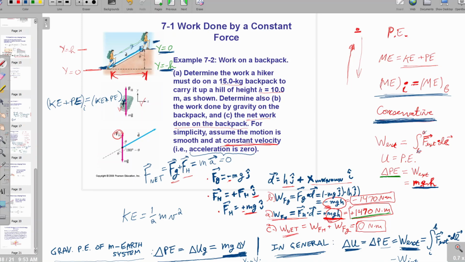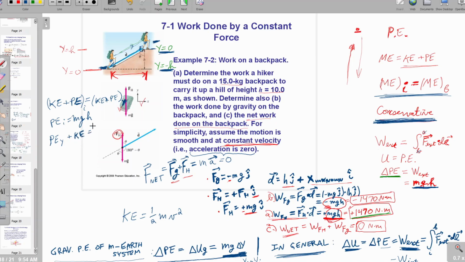And this would be really helpful if I was, say, interested in the speed that this object will have as it's falling down. How does it pick up speed? Well, in the initial location, it had a potential energy of mg times h, and at every location y along the way, it's going to have a total mechanical energy that will be equal to the potential energy at y plus the kinetic energy at that exact same time.